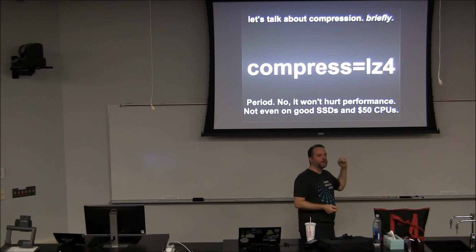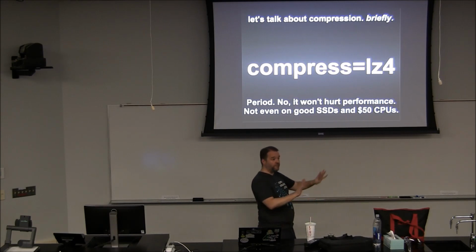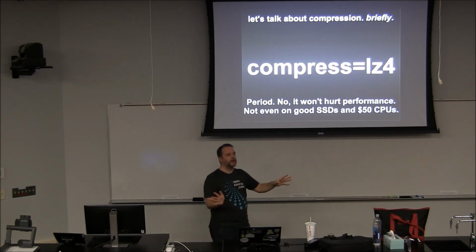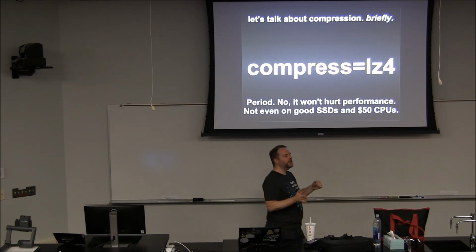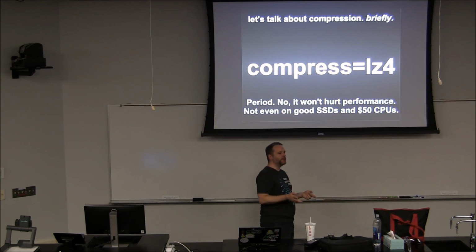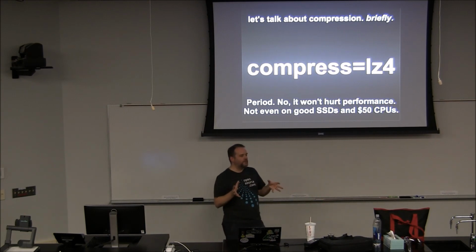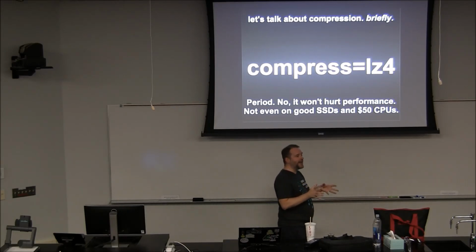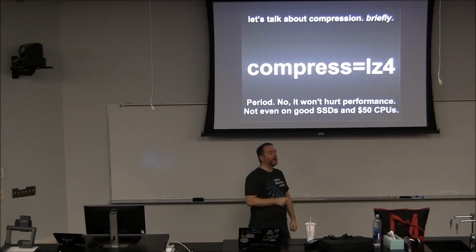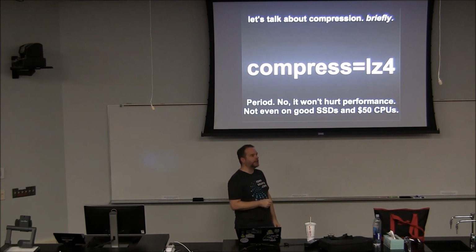Modern CPUs can compress data with LZ4, or fail to compress it in the case of incompressible data, much faster than you can read it out of the storage array. Yes, this is true even if you've got a $50 AMD Tinker Toy APU and a really fast Samsung Pro solid state drive. It will read and write data faster with compress equals LZ4 on than it will without. I know this because I tested exactly that.